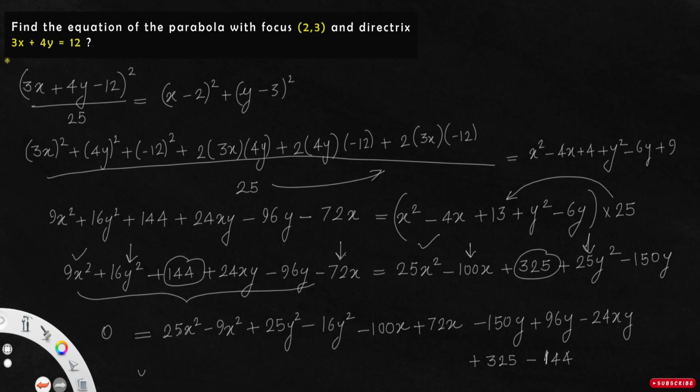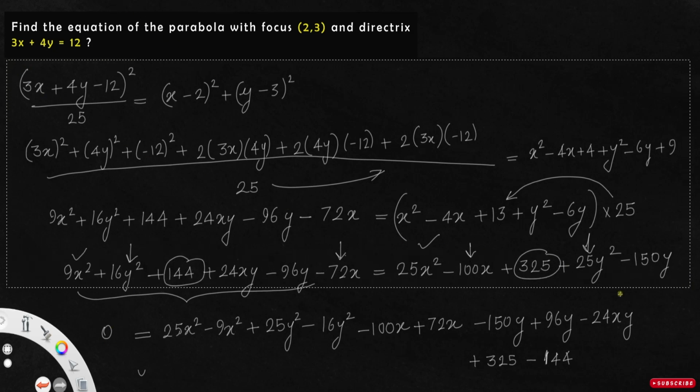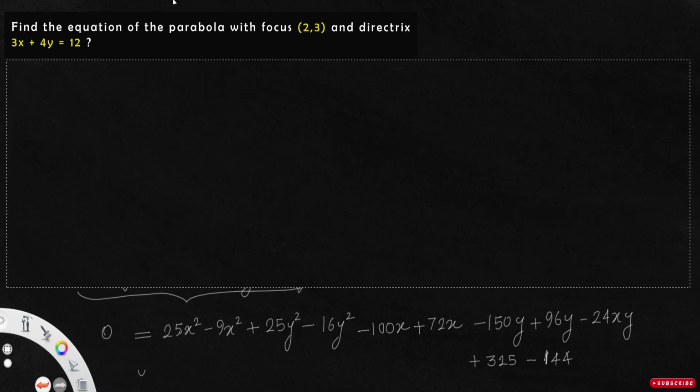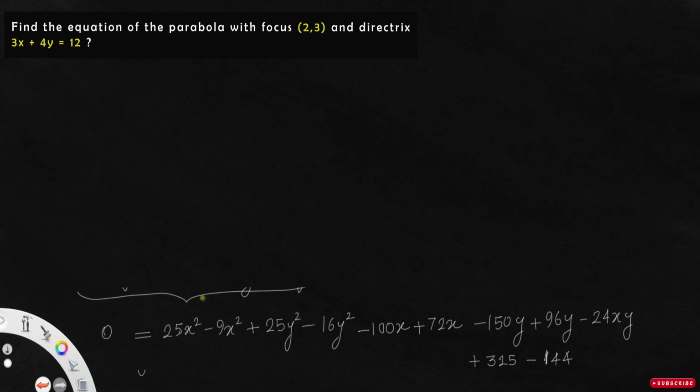Now simplifying this, you'll get 25 minus 9 is 16x square plus 25 minus 16 is 9y square. Minus 100 plus 72 is minus 28x. 150 minus 96 is 54, minus 54y.